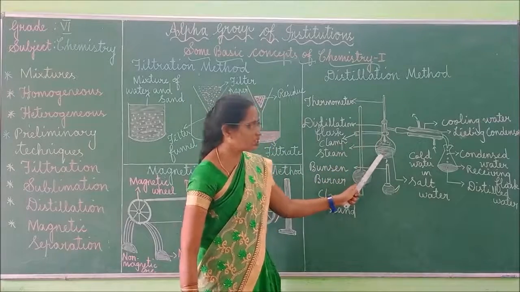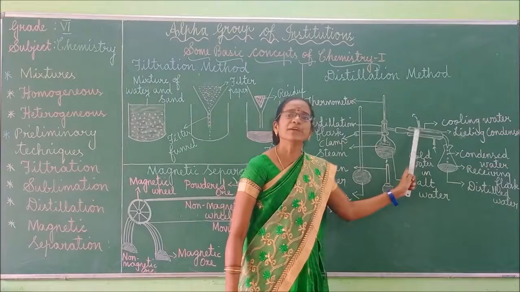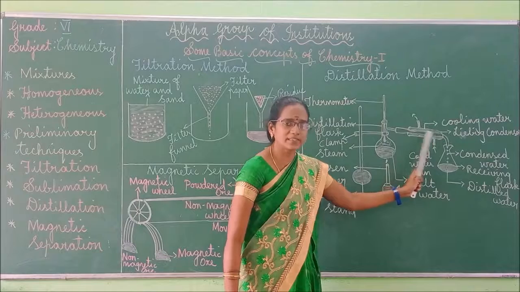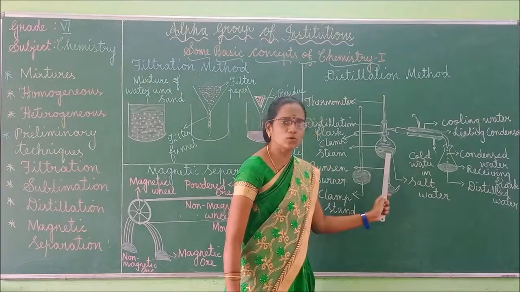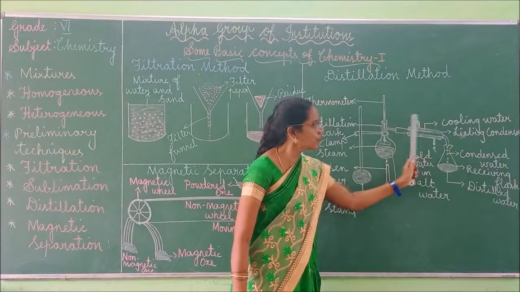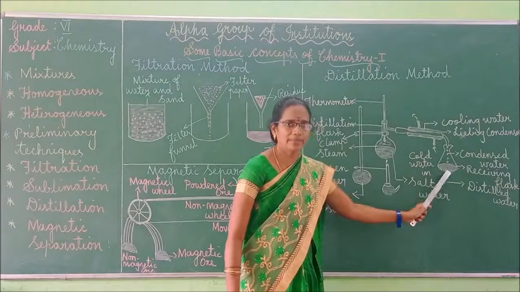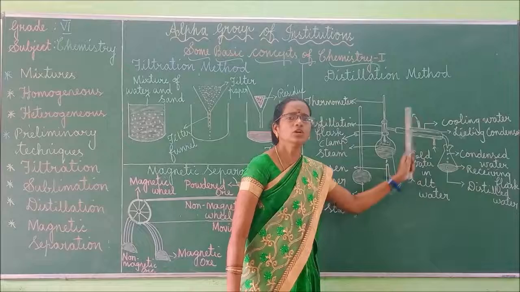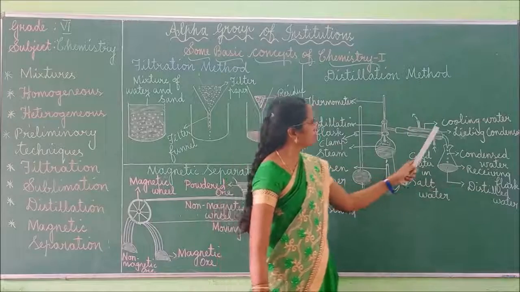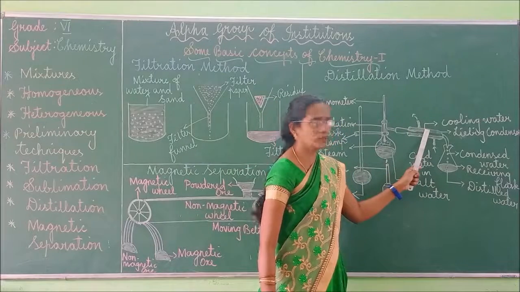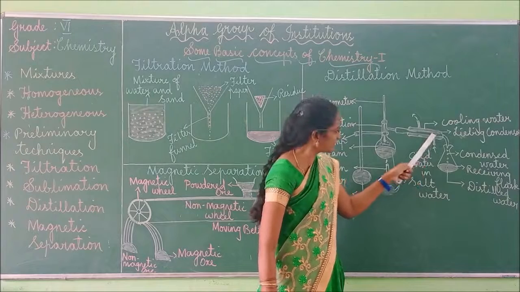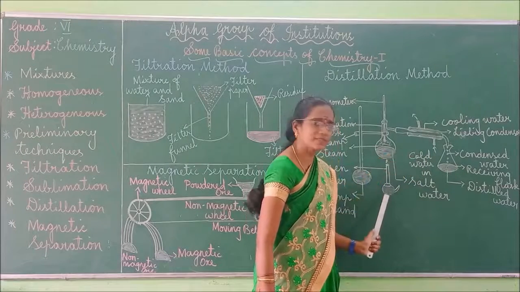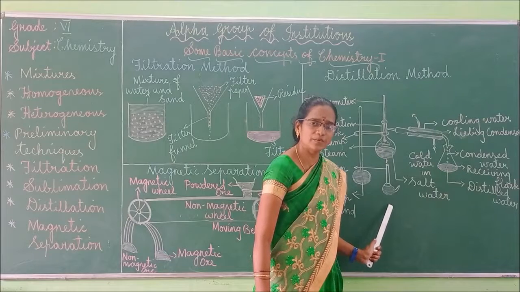This is the distillation flask, and this is the condenser, the Liebig condenser. Through this Liebig condenser only, this liquid solution changes into vapor and is then condensed back into water again.